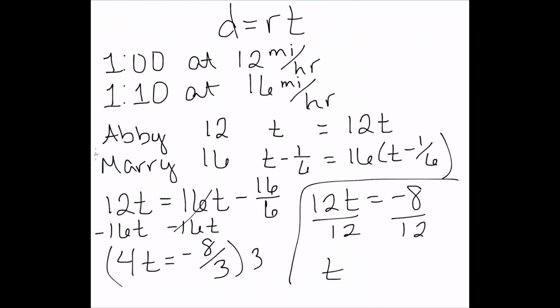Dividing both sides by 12, this should be a negative 4. So dividing both sides by negative 12 gives me 0.67 or 2/3. So 2/3 of an hour after 1 o'clock. 2/3 of an hour is 40 minutes, so they're going to meet at 1:40.